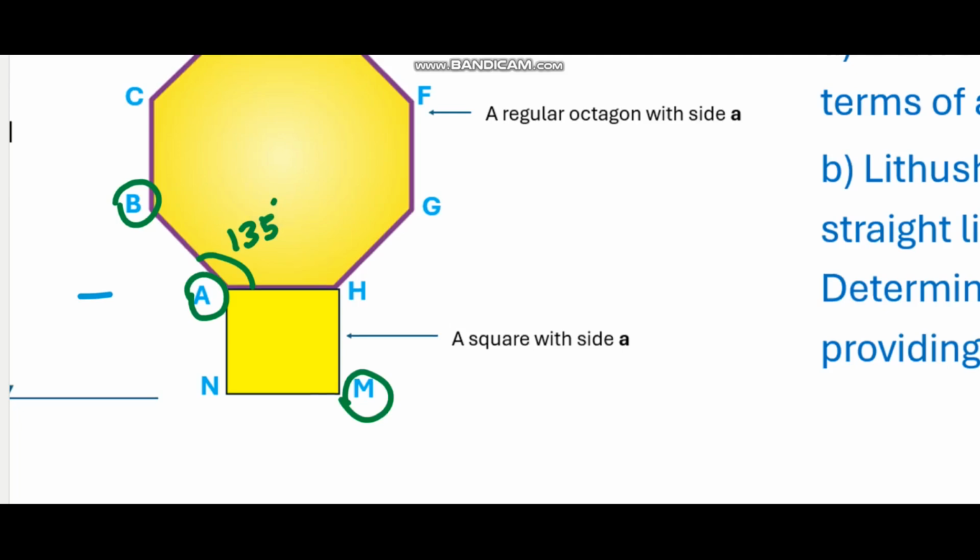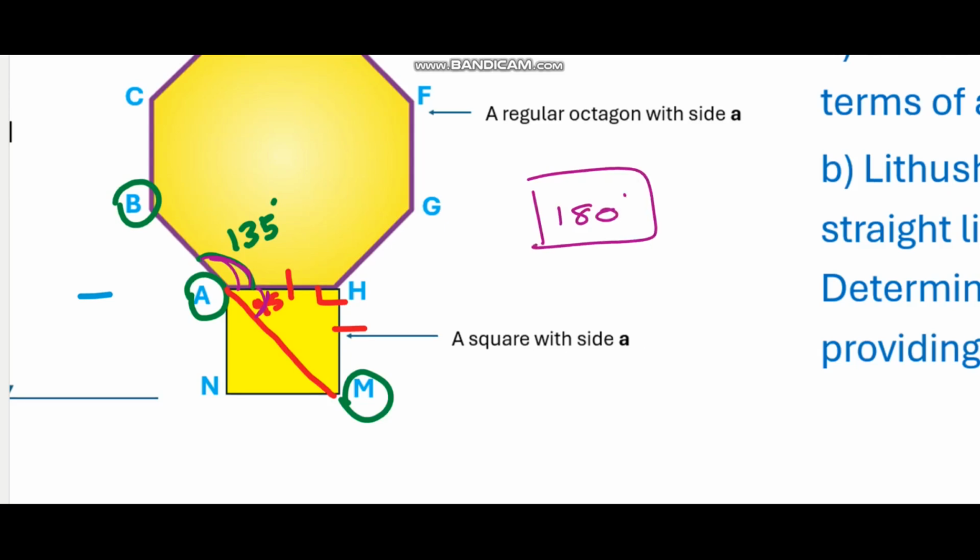Now, if we were to join A and M, this is a square, this is 90 degrees, this is equal to this. So this is 45 degrees. So if you add these two angles up, this is 135 plus 45 is actually 180 degrees.